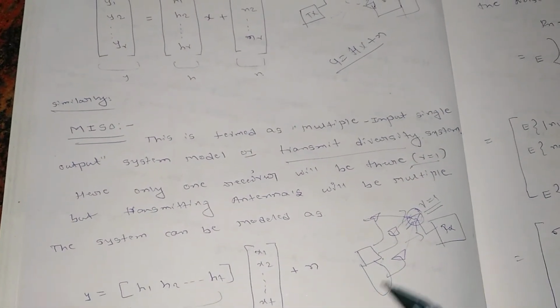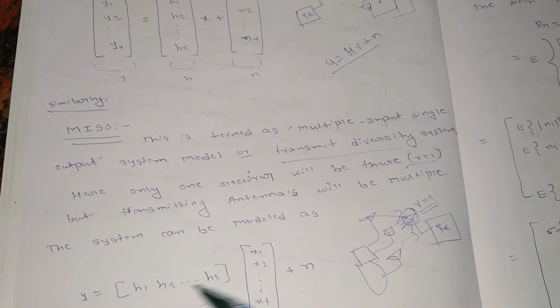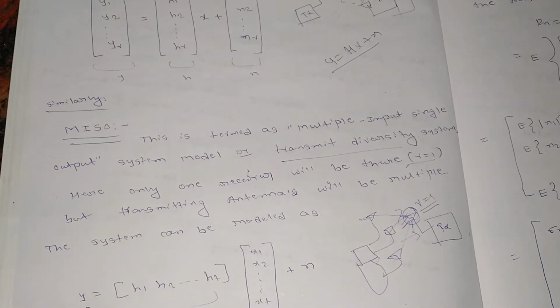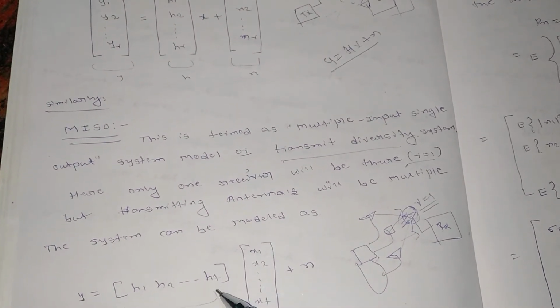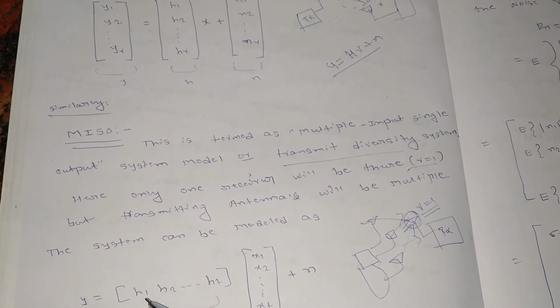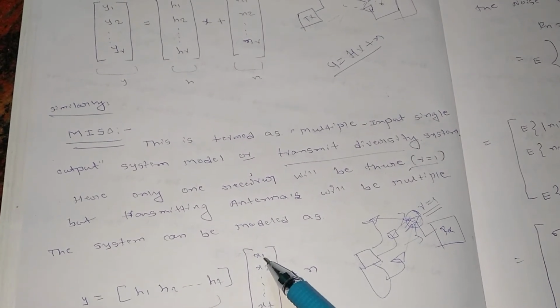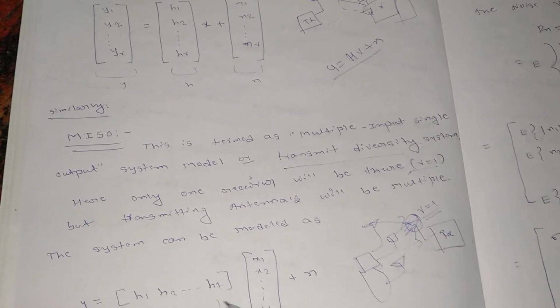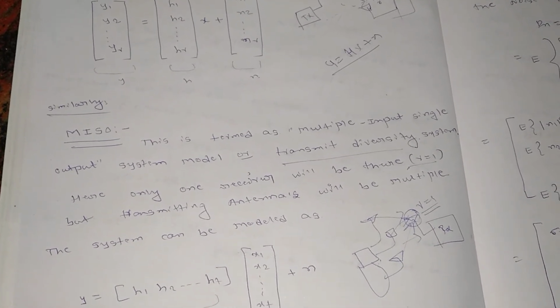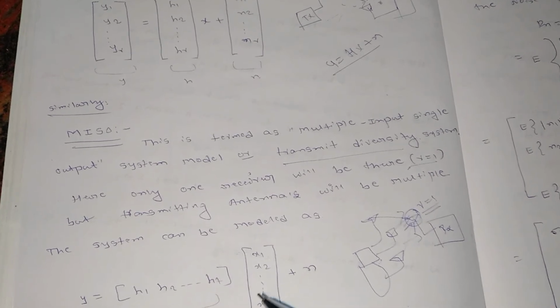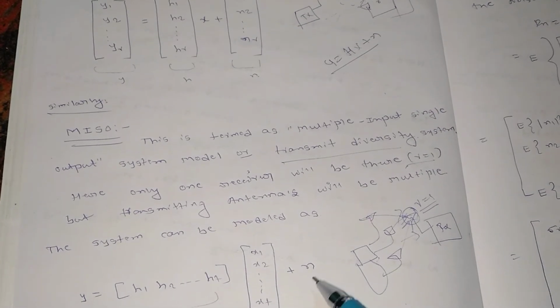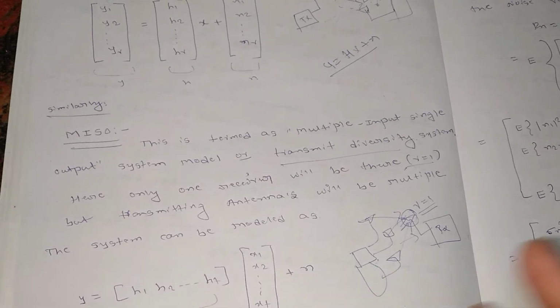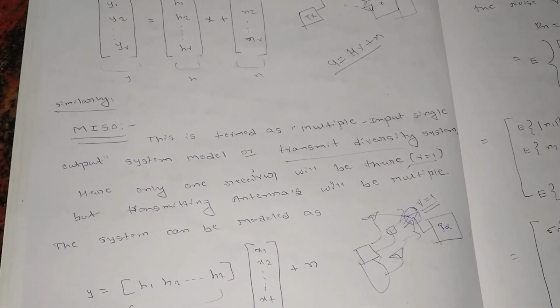Here I will be receiving only one component at the receiver, so I have only one component Y. And then H1, H2, HT. H1 stands for the channel coefficient for the first symbol. H1 into X1 will be multiplied and transmitted. So I will be having a row vector which corresponds to the T transmit symbols of the transmitter. Then I will be having a common noise here, so the noise matrix as well. Right, so this is all about MISO.